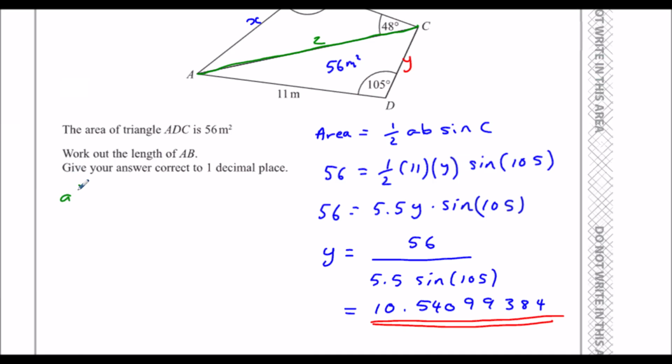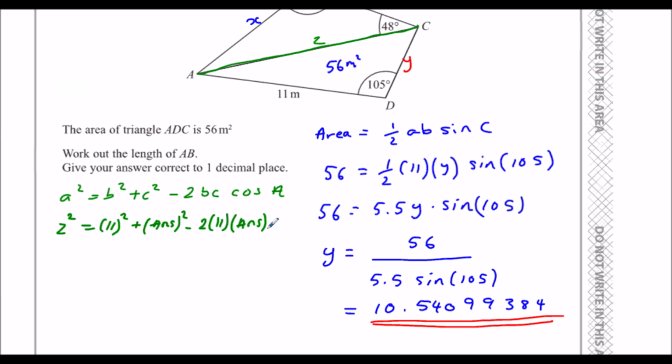So a squared equals b squared plus c squared minus 2bc cos A. So if the 105 is big A, that makes the Z the little a. So we've got Z squared is 11 squared plus, answer squared, I've still got that answer in the calculator, minus 2 times 11 times answer times cos 105.